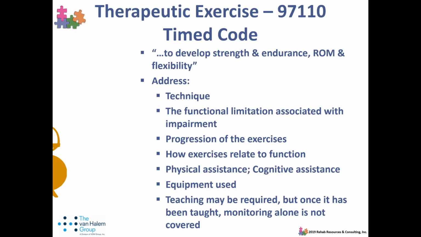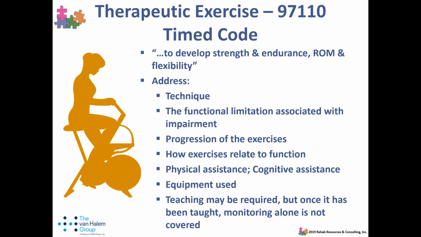So as I mentioned, let's review the definitions of some of these CPT codes. These definitions come from the American Medical Association, who owns the CPT codes. Therefore, whenever they are billed, their definitions must be followed. When you bill TheraX, you are telling Medicare, I did strength and endurance, range of motion, or flexibility activities. It's performed with a patient either actively, active assisted, or passively.